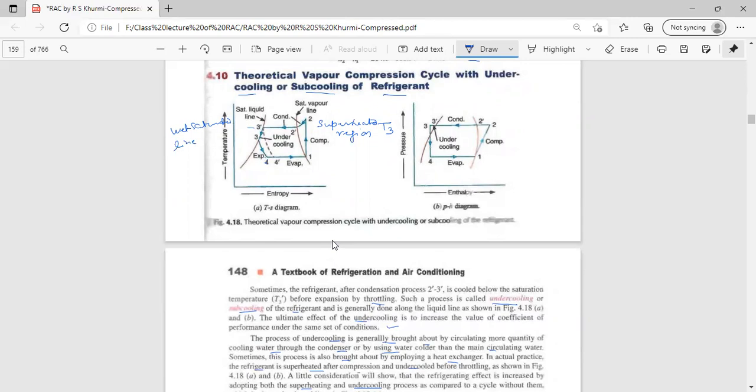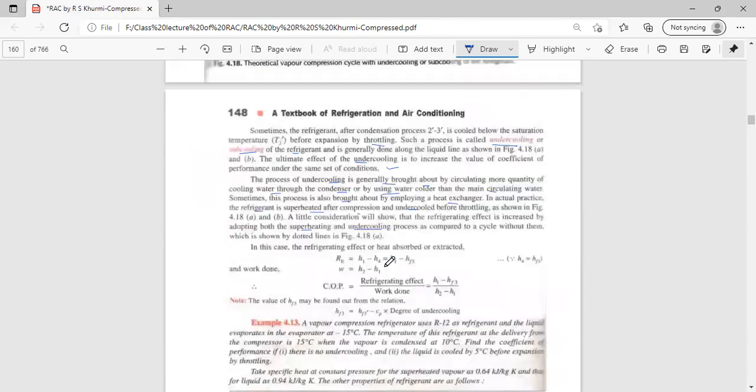That is, adiabatic expansion takes place from 3 to 4, and here it reaches 4 dash from the wet saturated vapor line without undercooling, and with undercooling from 3 to 4 itself. So this line is longer than the previous one, 4 dash to 1. That is, more refrigerating effect is being created.